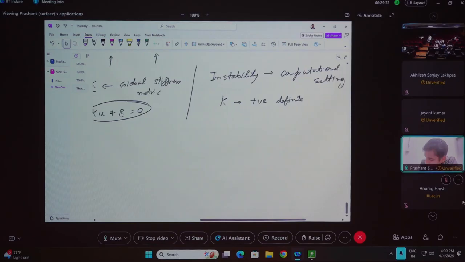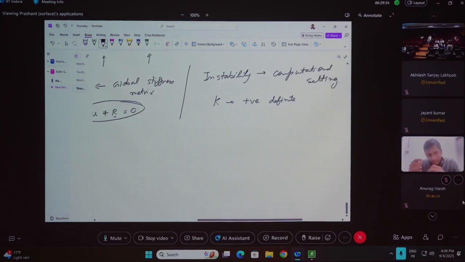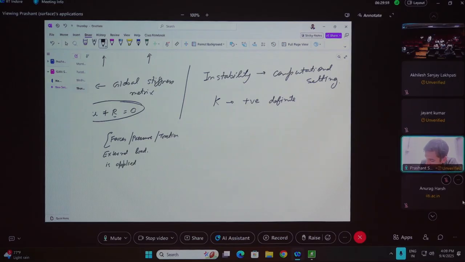You would want to check. So let's say you are applying some load. The forces or the pressure or the traction, whatever the external load is, it's always applied incrementally in a finite element framework.